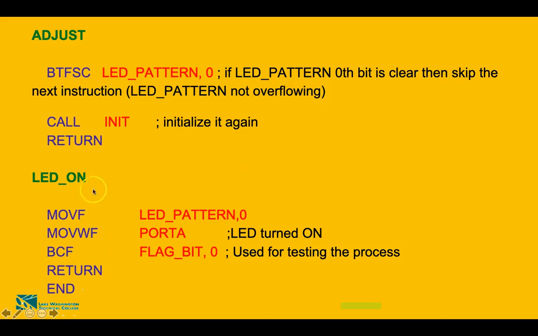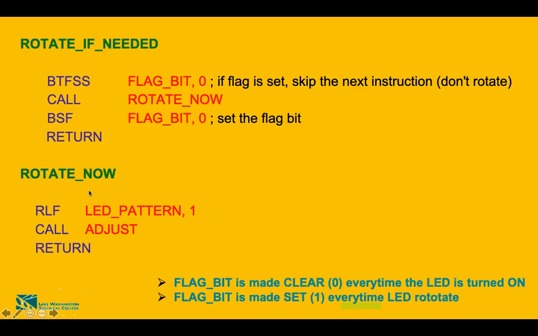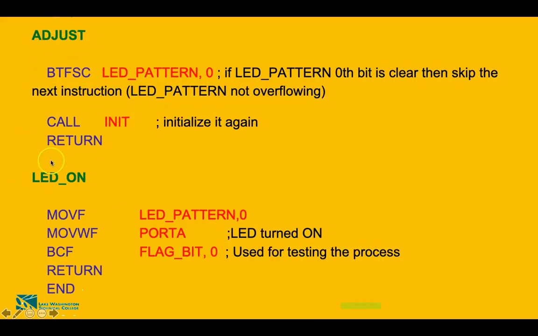I'll explain LED_on, and then I'll come back and explain rotate if needed and rotate now. So right now we are just focusing on this one, and then the next case would be explaining that part. Okay. So LED underscore on.